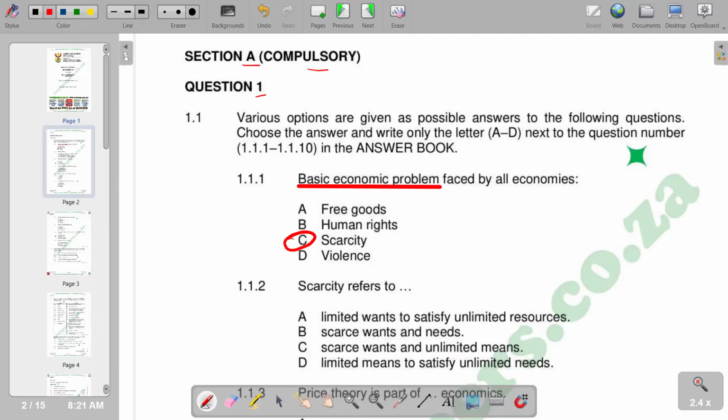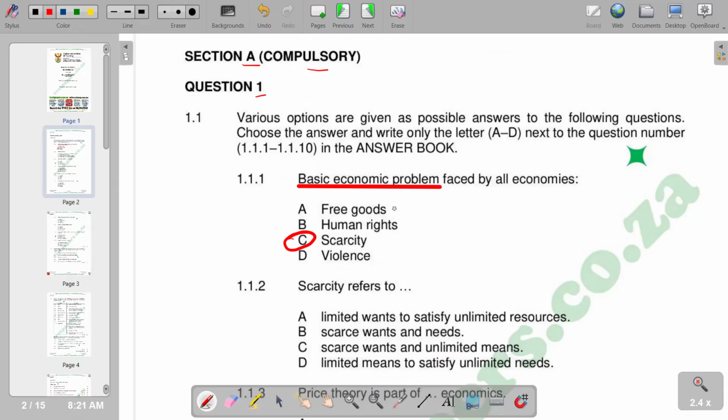Remember, scarcity occurs when there are limited resources to meet unlimited needs, forcing societies to make choices about how to allocate these resources efficiently. So basically, that's what we have under scarcity.